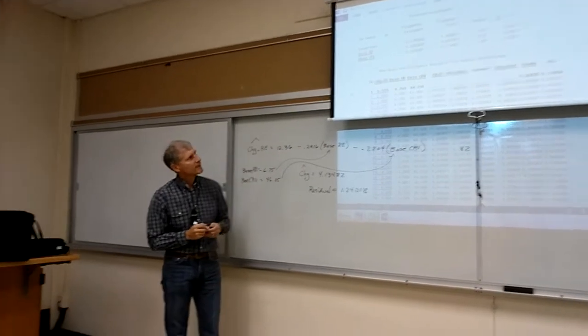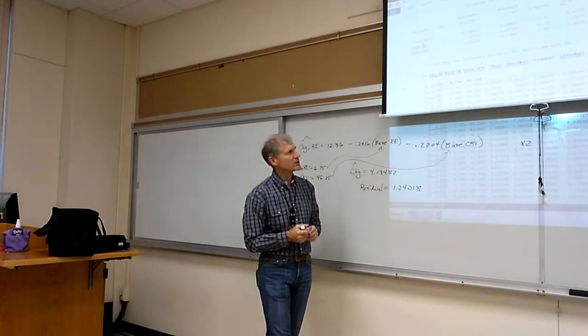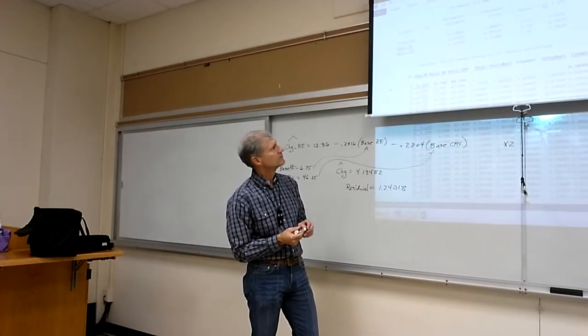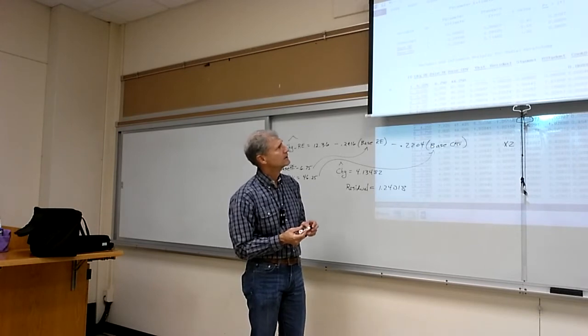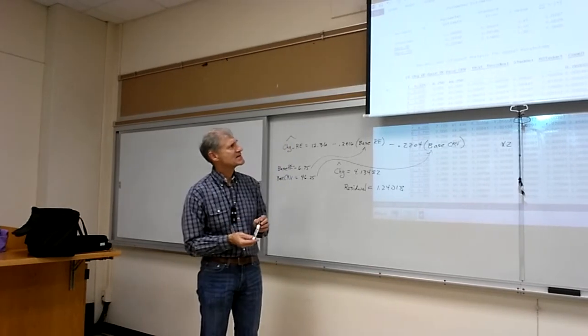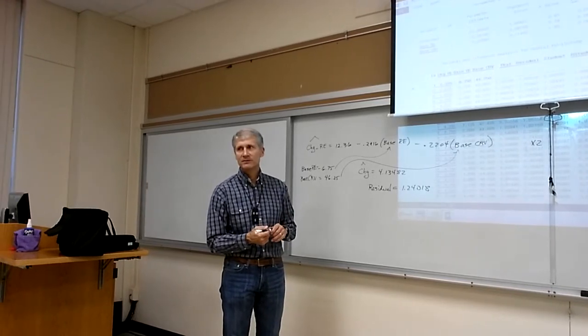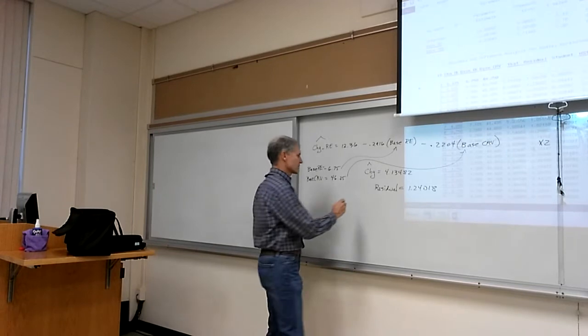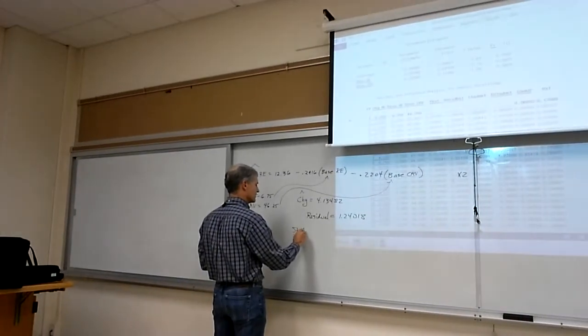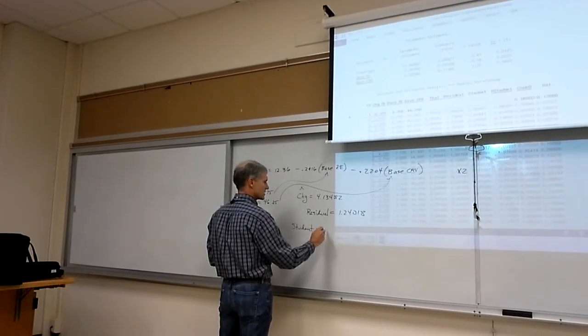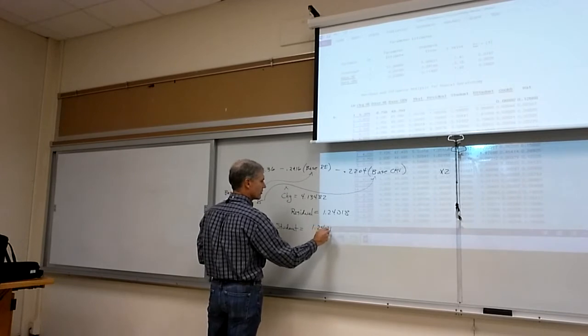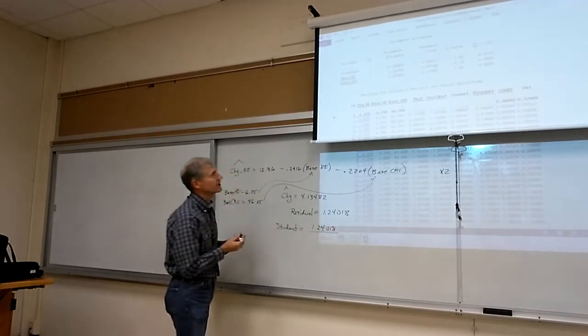Okay. And now what about studentized residual? Studentized residual is the observed residual divided by the standard error of the residual. So the studentized residual is 1.24018 divided by the standard error of the residual.